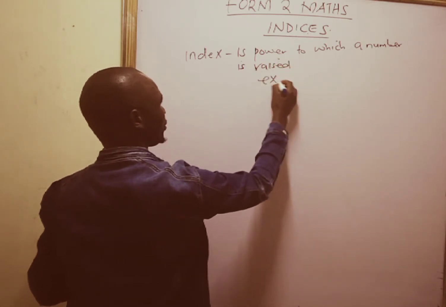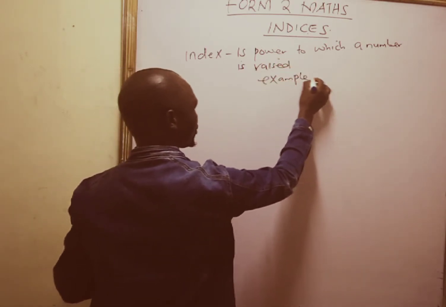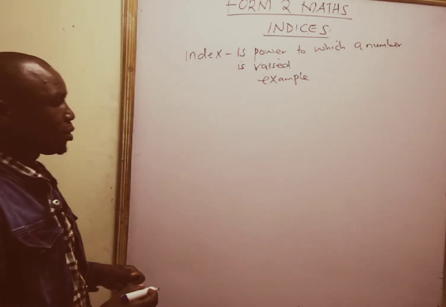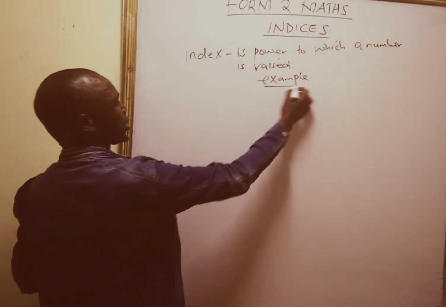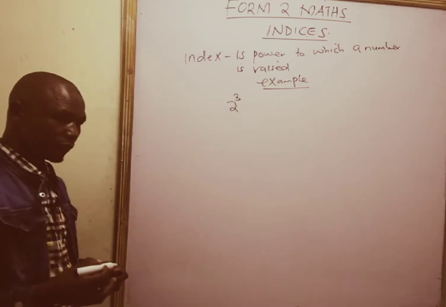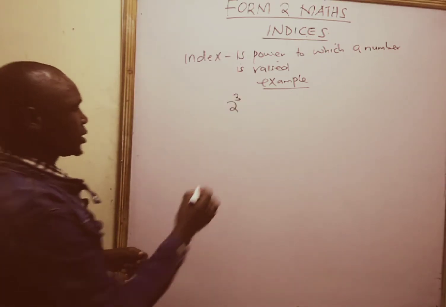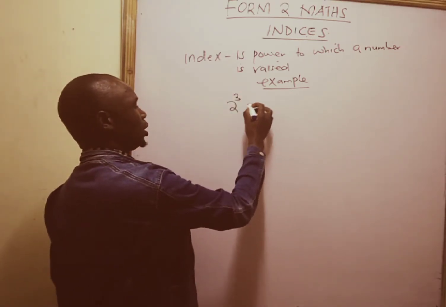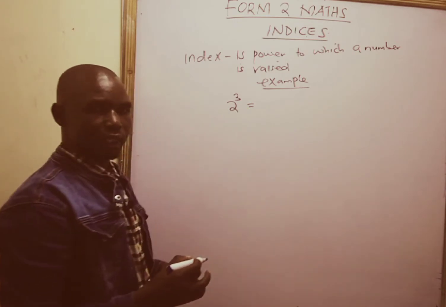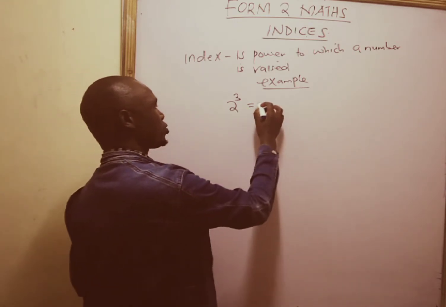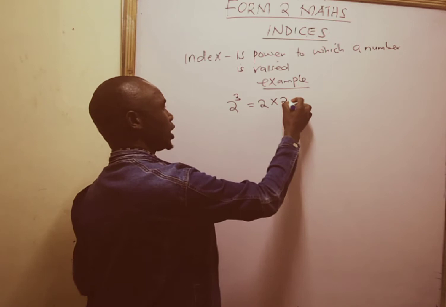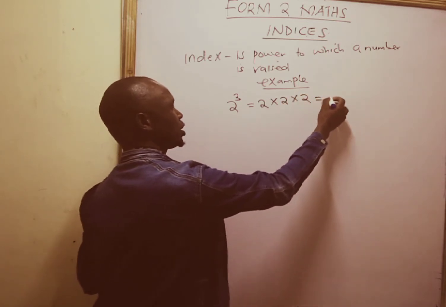For example, if we have a number like 2 raised to power 3, it means 2 multiplied by itself 3 times. That is to say we have 2 times 2 times 2, which gives you 8.